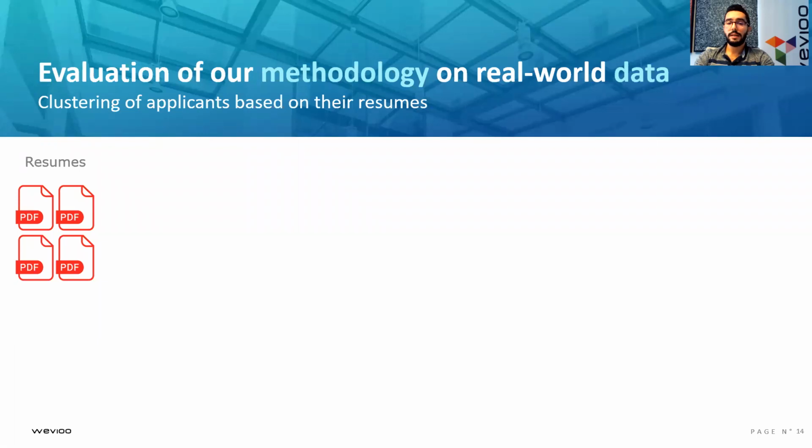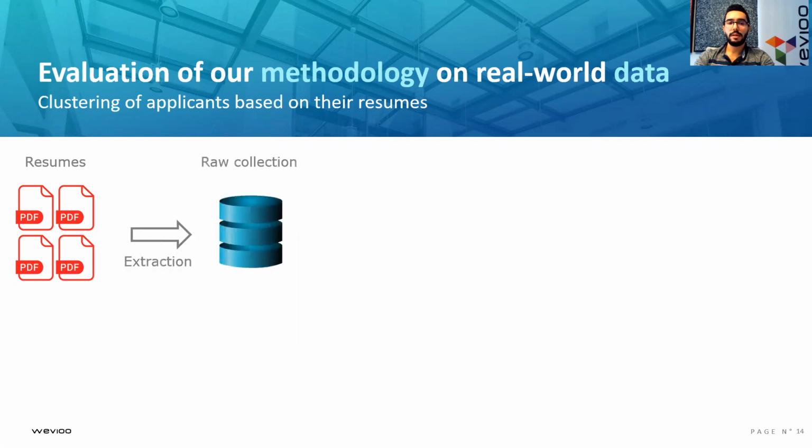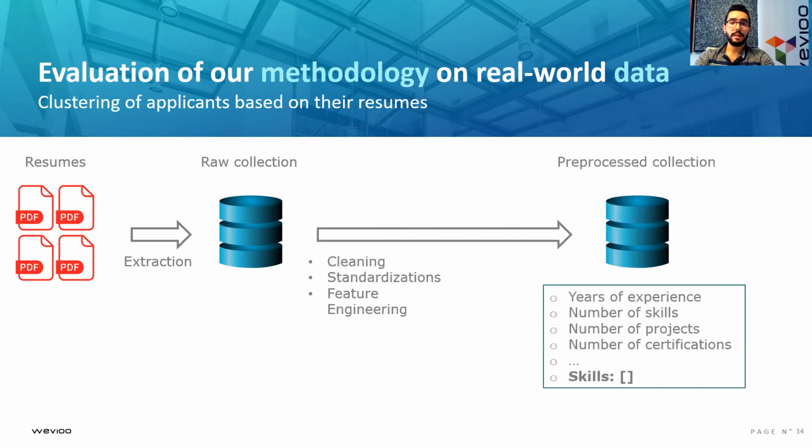Next, we will be presenting an evaluation of our methodology on real-world data, where we aim to cluster applicants based on their resumes. So the pipeline goes from extracting the resumes into a raw collection, then creating a pre-processed collection where we performed some cleanings, standardizations, and feature engineering.